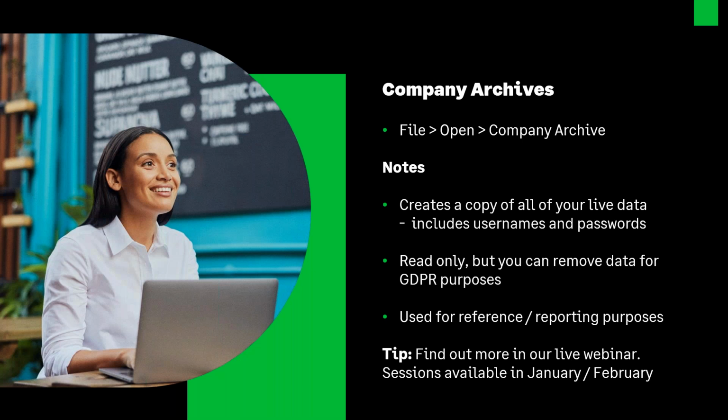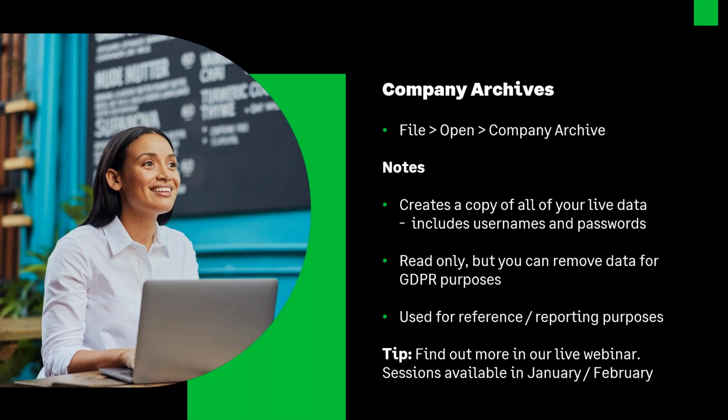The company archive that gets created as part of your year end is basically a copy of your data as at that point in time. I don't mean up to that time, I mean whatever is in your company as at that point in time. So if I'd entered, let's say, transactions for 2026 into my data, that's fine.